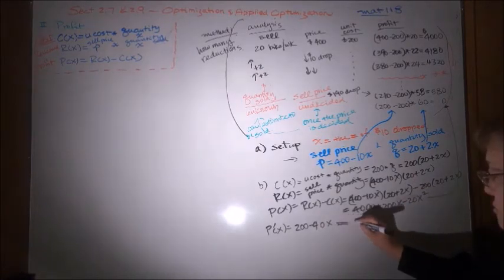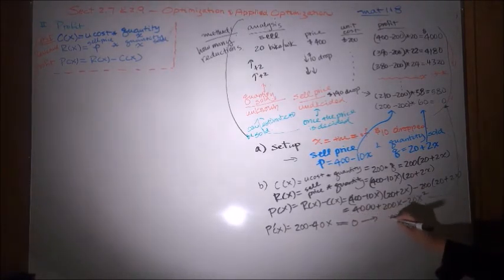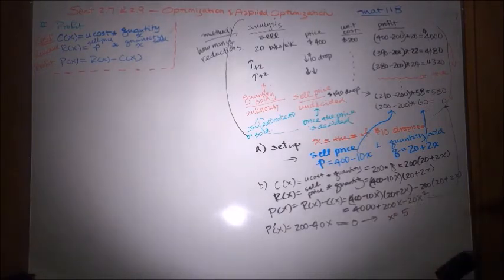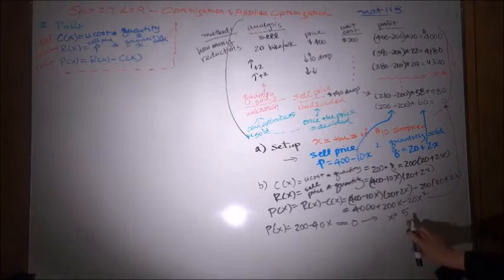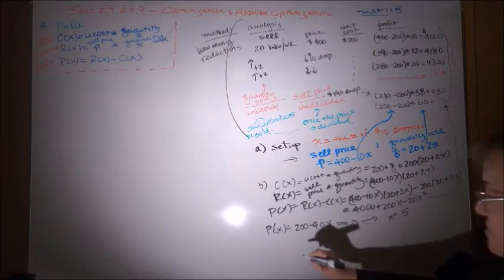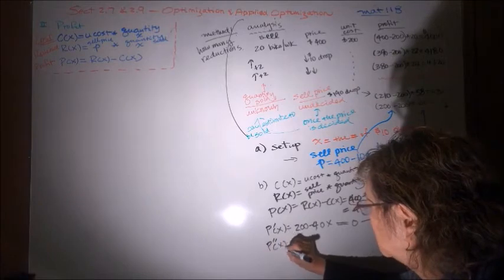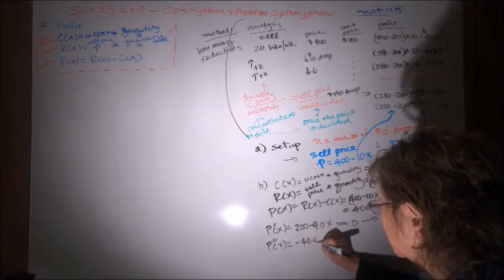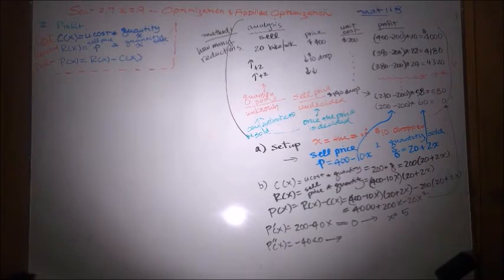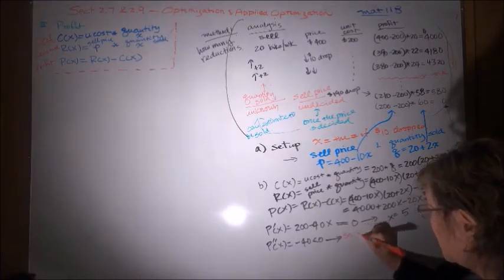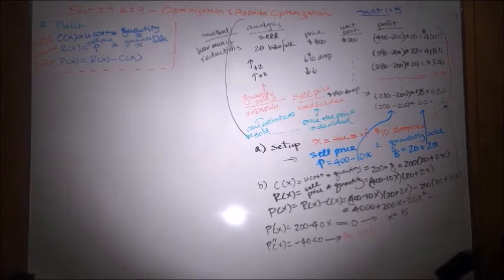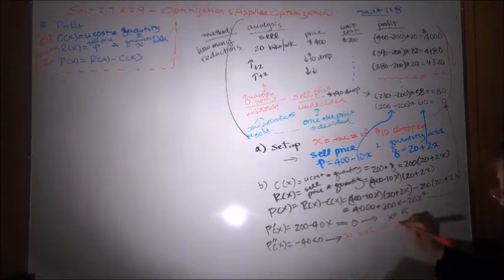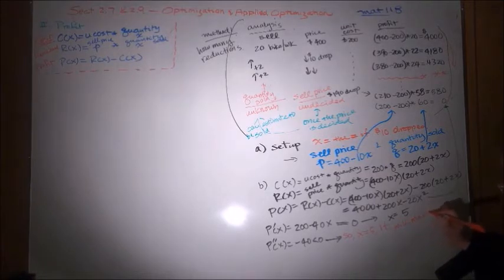If we set this to 0, then x equals 5. Then we check whether this is a minimum or maximum. P double prime of x is negative 40. If it's less than 0, it's telling you that when x is 5, it will maximize the profit.